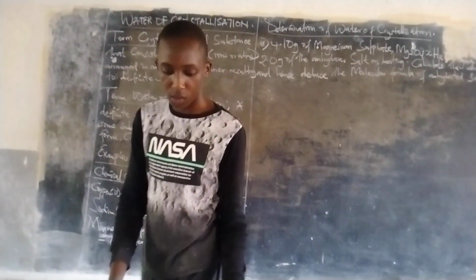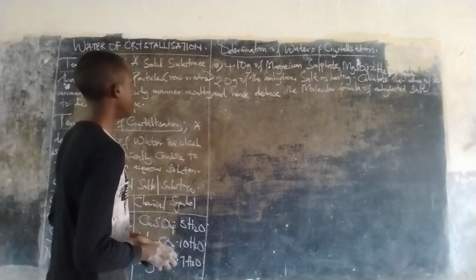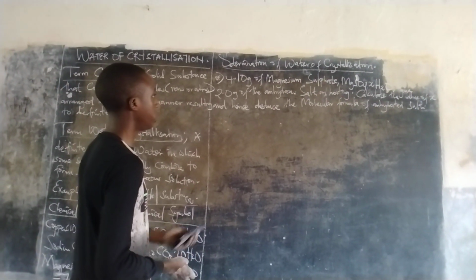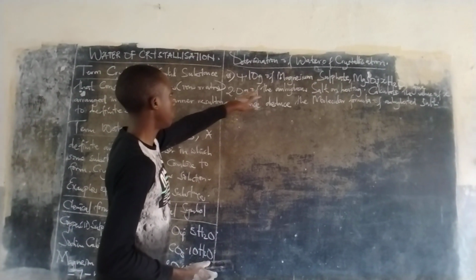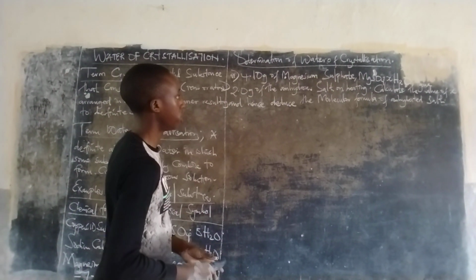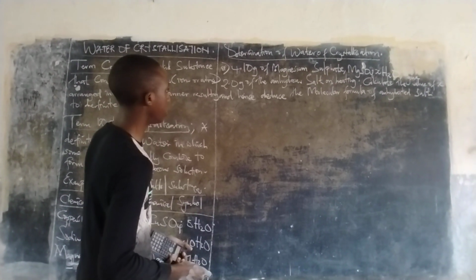Now very simple. Then they are telling us that 4.10 gram of magnesium sulfate gave this of the anhydrous salt on heating. So calculate the value of x and hence deduce the molecular formula.